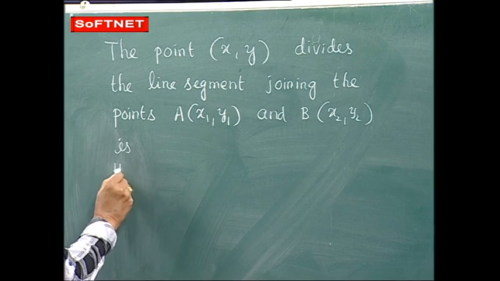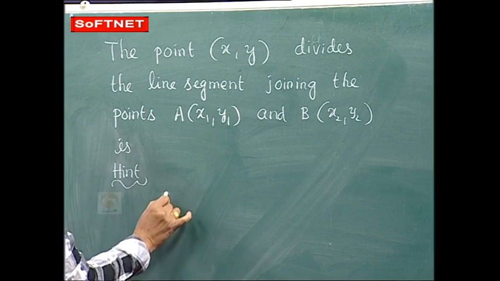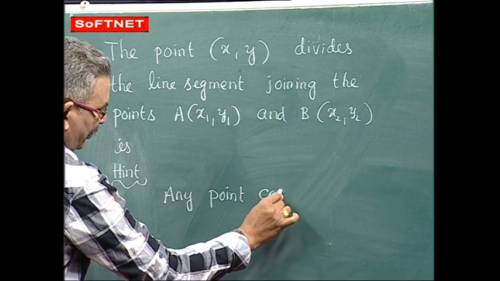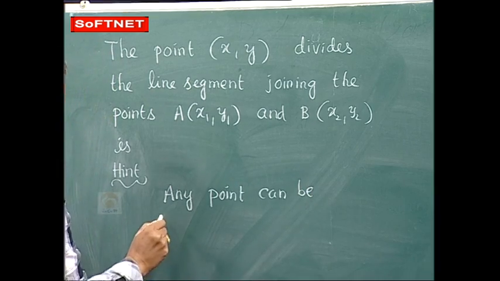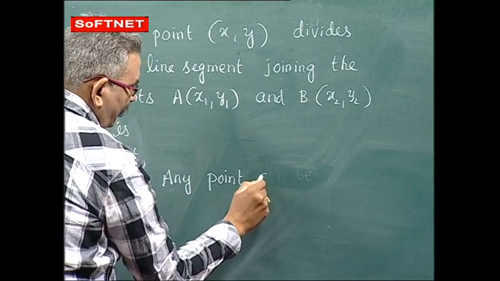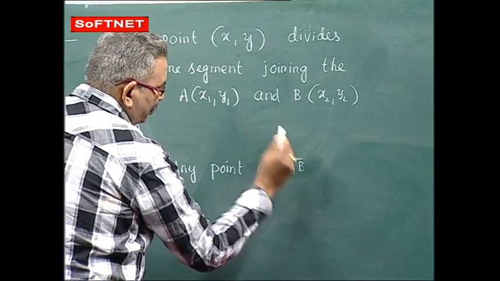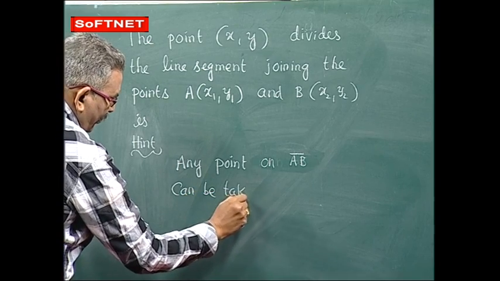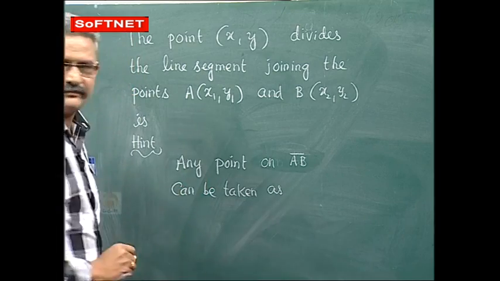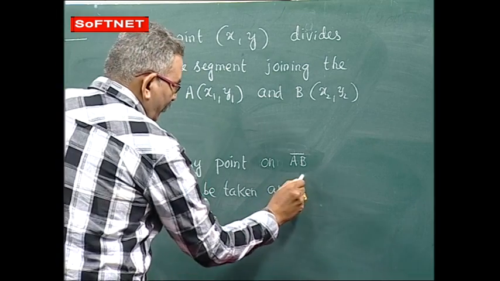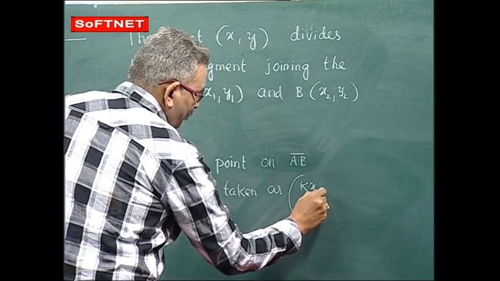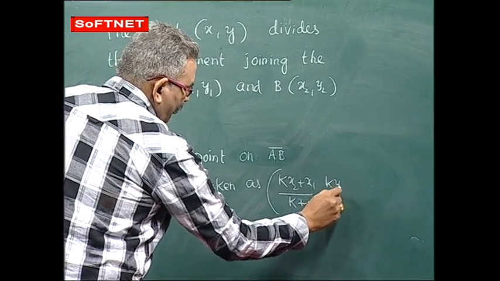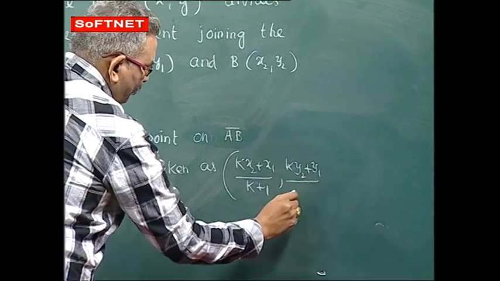Here, any point on AB bar can be taken as (kx2 + x1)/(k + 1), (ky2 + y1)/(k + 1).